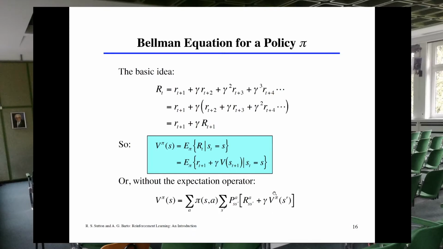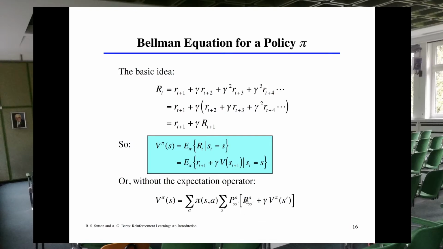And finally, we can write the reward that you will get from going from S to S prime by executing action A, which will be the reward in the next time step, plus gamma times the value of the next state. And this is what we call the Bellman equation.